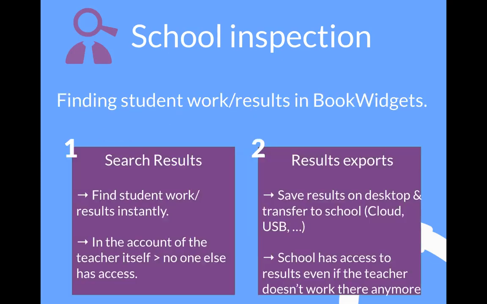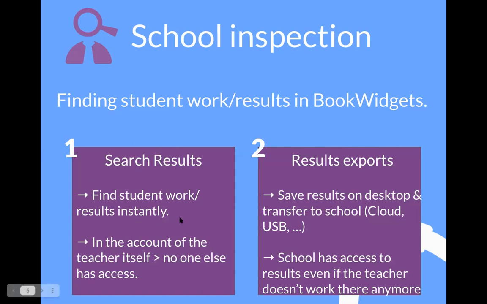There are two ways of finding student work and results in BookWidgets. The first way is to go to the search results and search, of course, for student work and student results. The second way is to go to the results export. I'll show you in just a few minutes how it works and where you have to go for that.